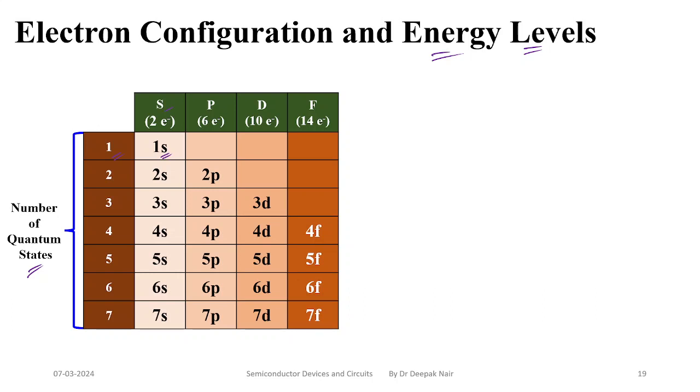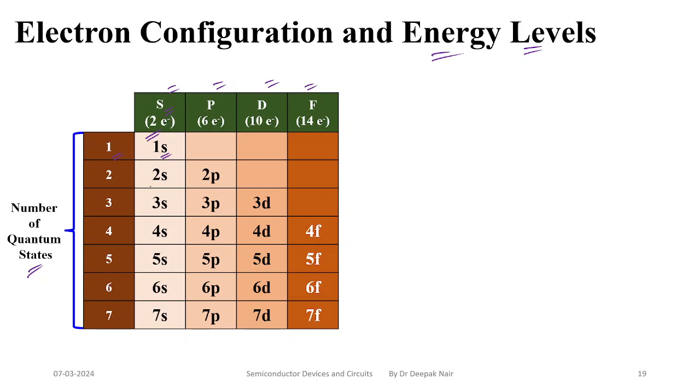For example, we can have S, P, D or F type. Remember, when we say S type, we can have a maximum of 2 electrons in any S. For example, 1s, 2s, 3s, 4s and so on.